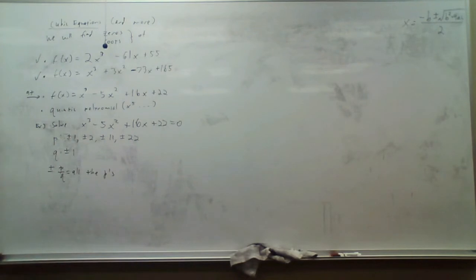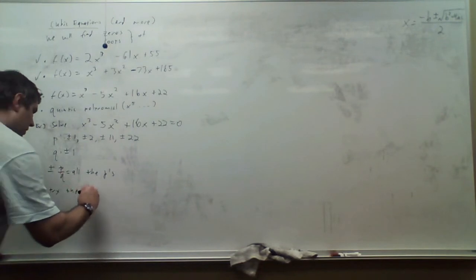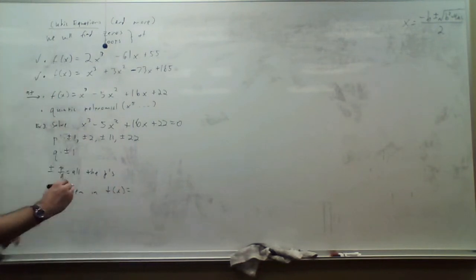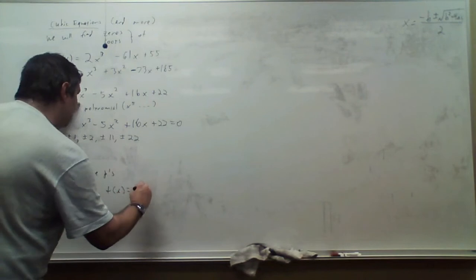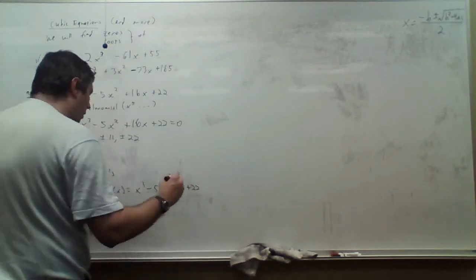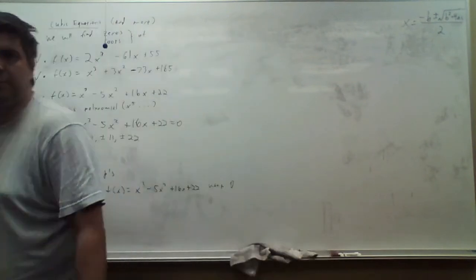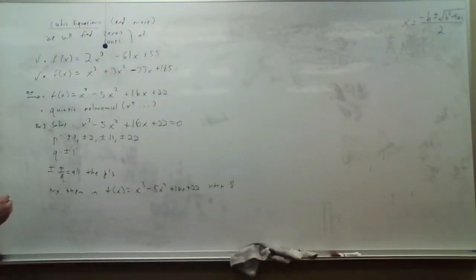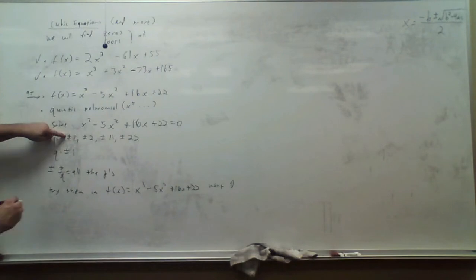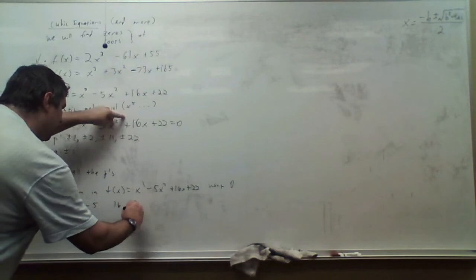So try them in f of x equals x cubed minus 5x squared plus 16x plus 22, and I want 0. So I will start with 1. And that's going to be 1, negative 5, 16, and 22.